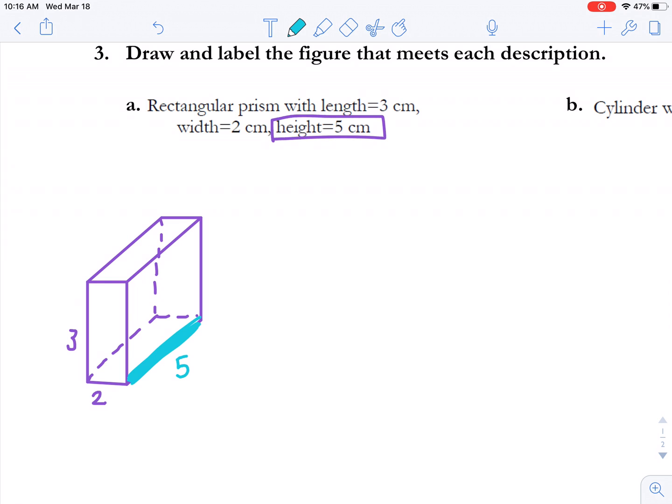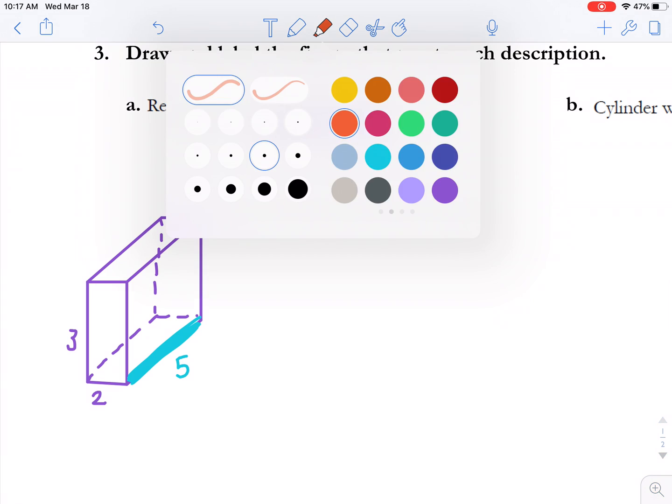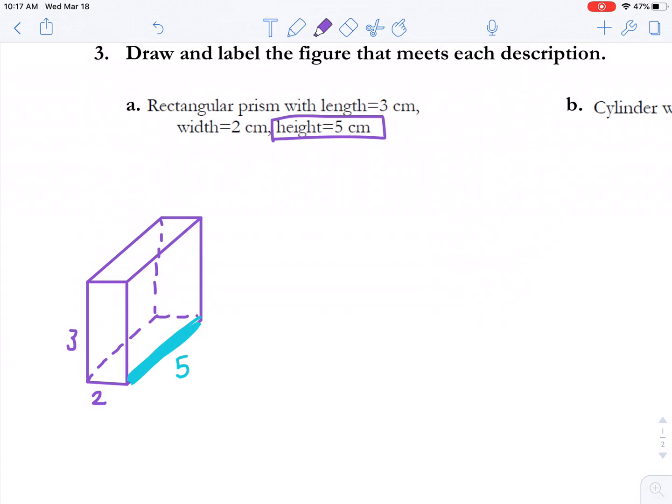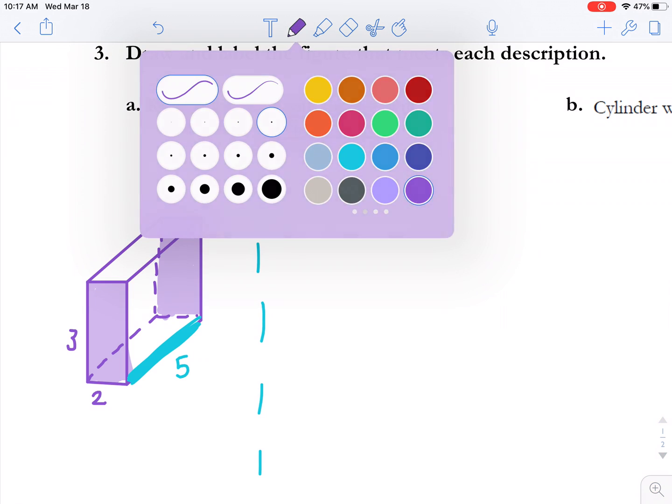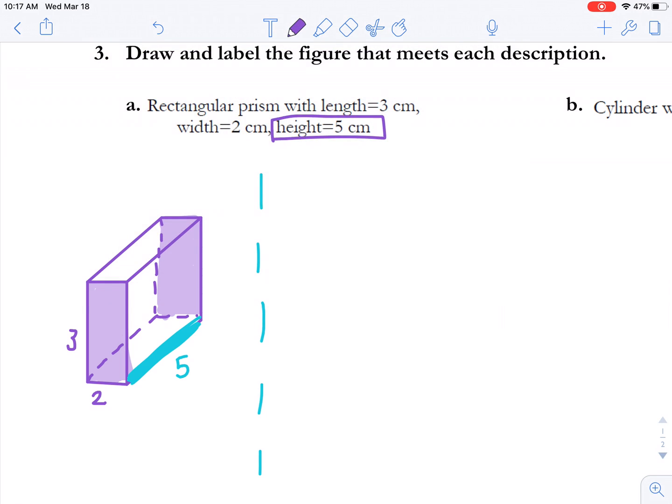Okay. Now again, with rectangular prisms, it's really hard since they're all rectangles. Since I drew my prism first with these 2 as the bases, that's why I put the 2 and 3 with these 2 rectangles, and then the 5 with the dimension connecting it. Another way you could have done it is that the bases could have been the top and the bottom segment.